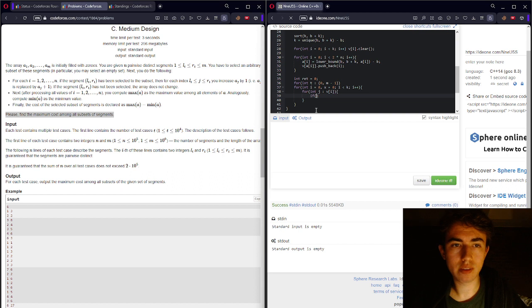And then we say if A of J percent N is greater than T, or A of J percent N plus J percent N is less than or equal to T, then we do X plus equals J of N. J is less than N, pressure 1 colon negative 1.